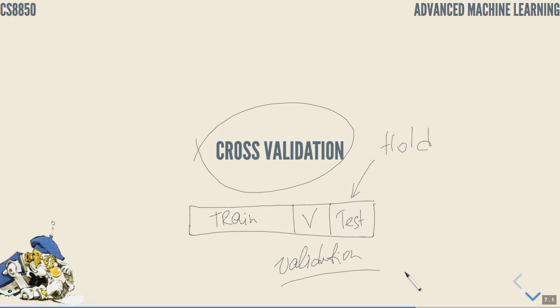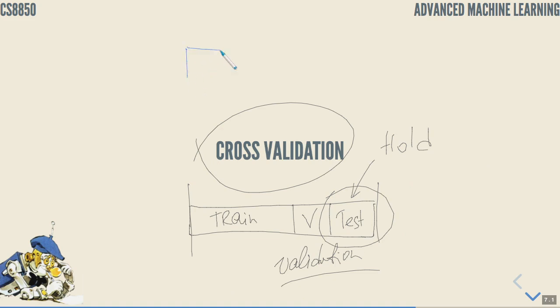But this is still just one final number. This final number, performance on test, doesn't tell us anything about variability of that result. Because imagine we could have selected a different test and a different train set even from the same data as we have.